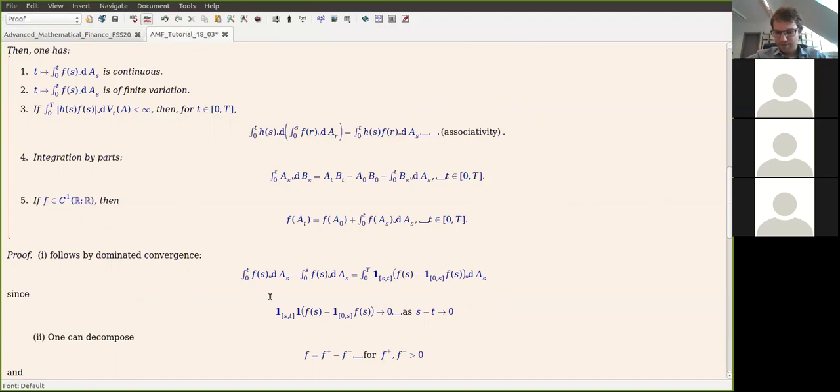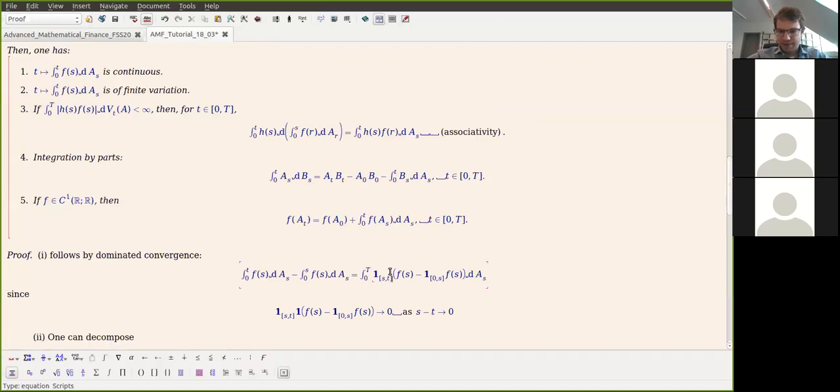And now you have, for some reason, factored out one indicator function. Sorry, I should write these. This is the difference. If I'm less than s, the integral here is 0, right? And if I'm between s and t, this function is not 0 and this one is 0, right? Because the integral here is only going to s. So this is why I only consider the integral from s to t.